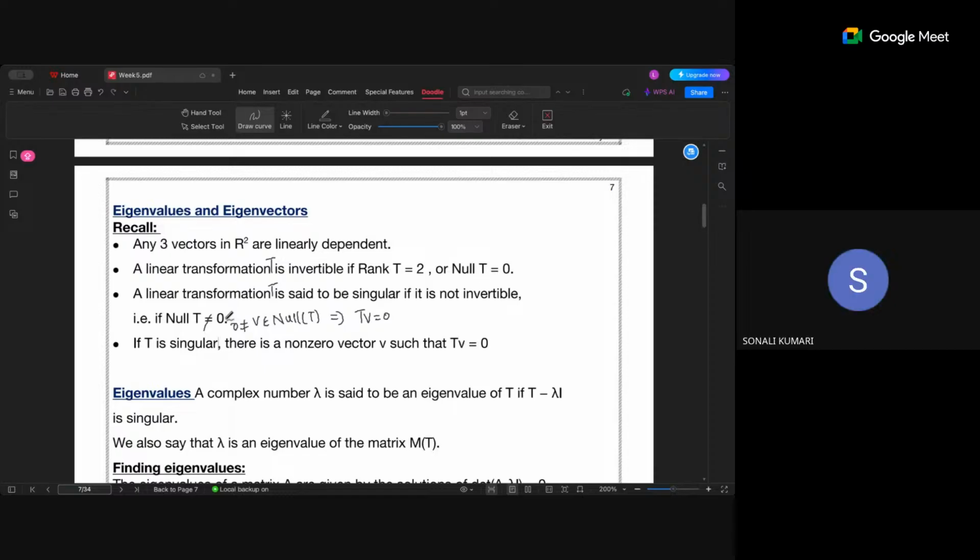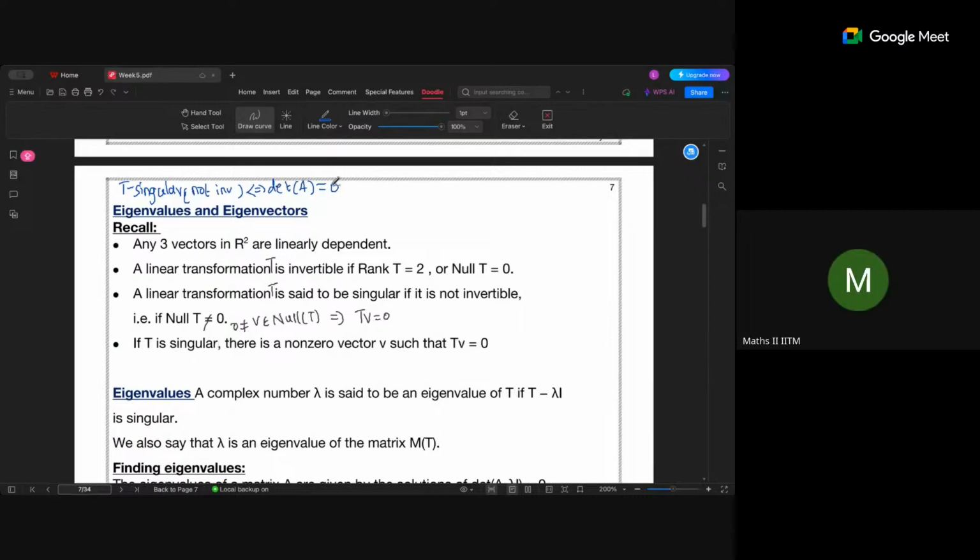Determinant is equal to 0, right? See, what's happening here? If T is singular, it means it's not invertible. If it's not invertible, then the determinant of A, let's say the matrix of T is A, then the determinant of A is 0.